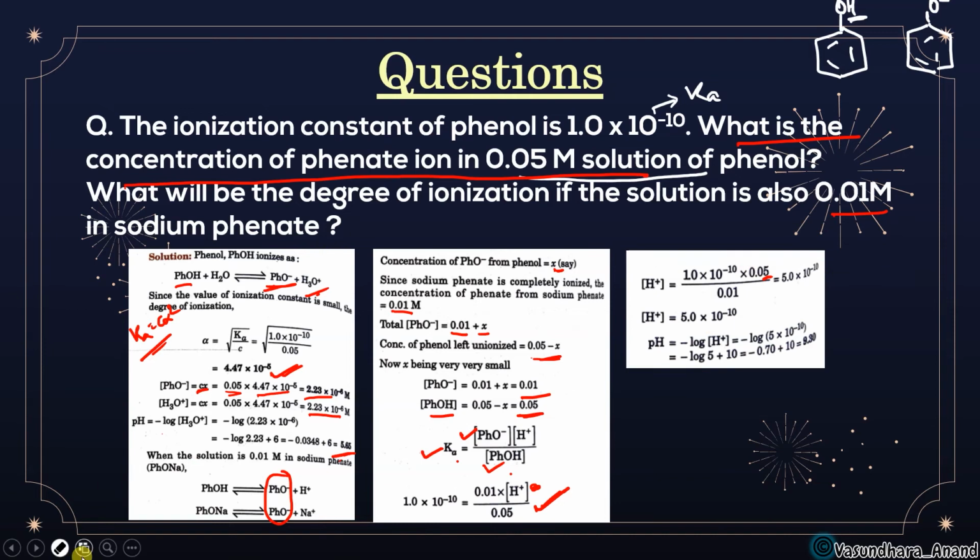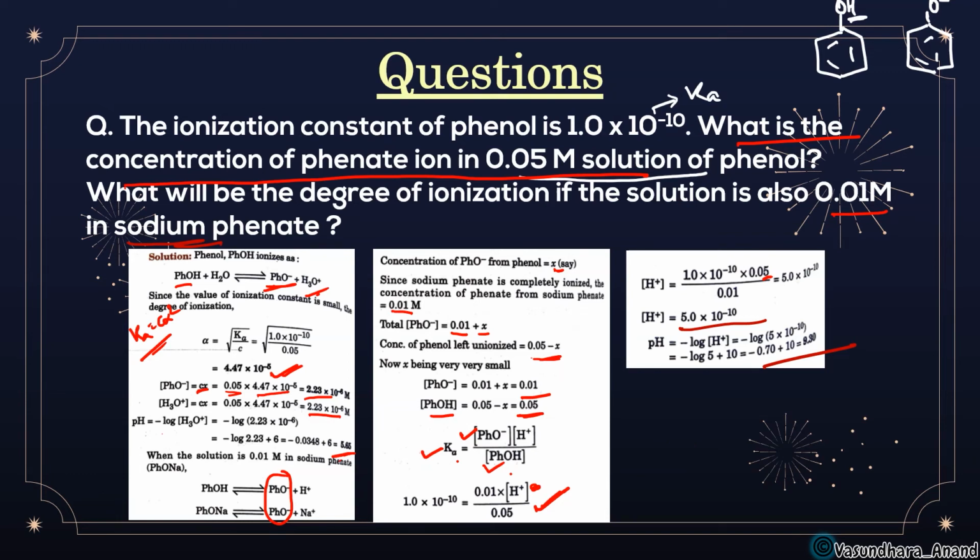One second. Okay, so use this calculation and find the H⁺ concentration. It has come out. Now in this case, if you are asked to find the pH, when the phenolate ion concentration is this, you just find pH equal to minus log of the H⁺ concentration you found, and you will get 9.30. Got it? Any doubt?